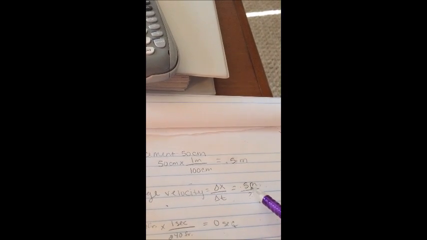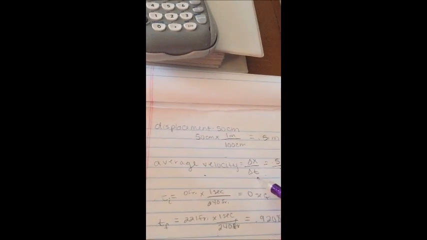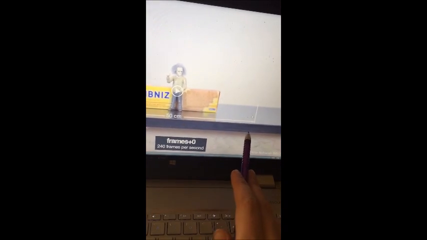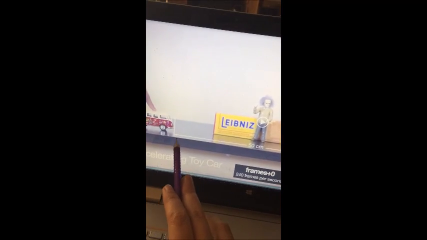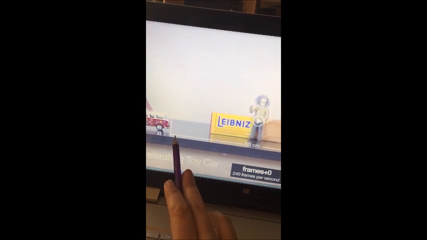It's 0.5 meters. The change in time we don't know, but we can find that out by the video, because here is 0 seconds, and so the change in time is going to be the final time here minus the initial time here.